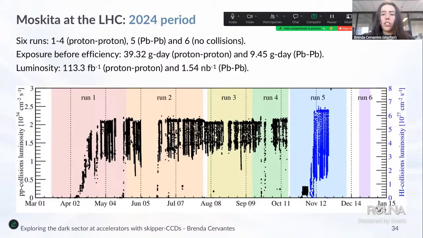During those colored backgrounds, we were taking data. We collected data during proton-proton collisions, during lead-lead collisions, which are the blue points here, and also in periods with no collisions. We collected almost 40 gram-days of data with proton-proton collisions and 10 gram-days with lead-lead collisions, at these luminosities.